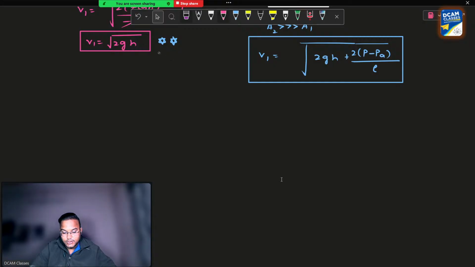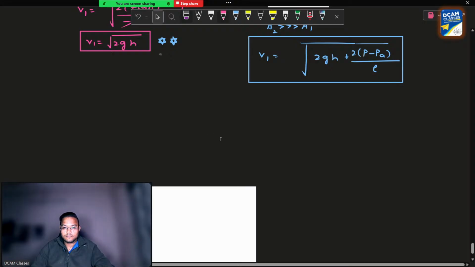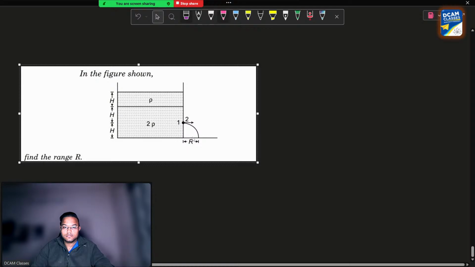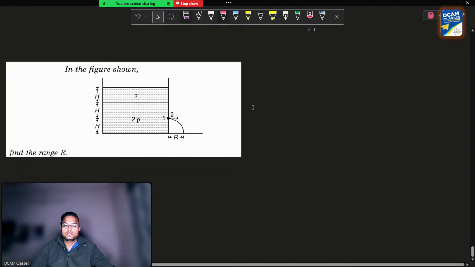If you have understood this concept, tell me how you will solve it, because there are two fluids. Can you solve this question?